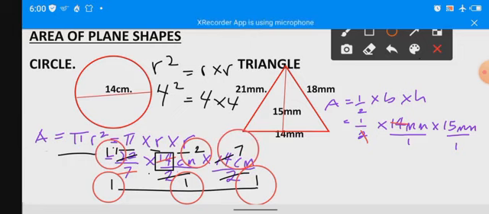So we multiply those three numbers. 11 times 2 gives you 22, and 22 times 7 gives you 154.